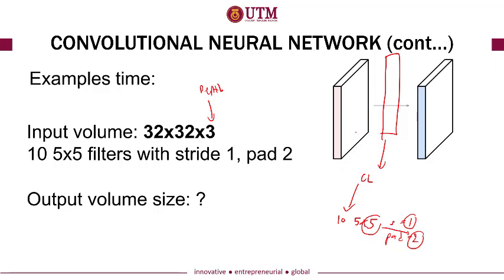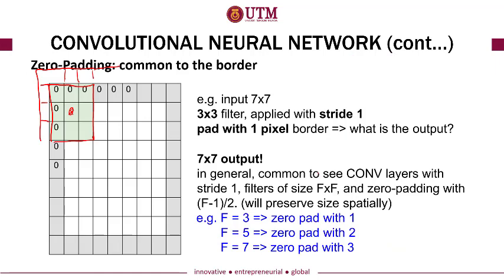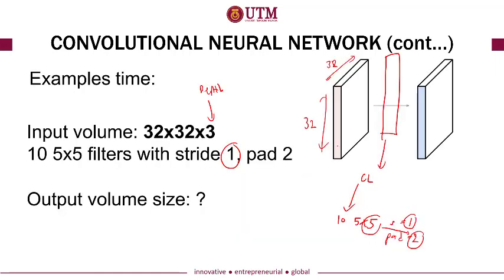Meaning that if the input here is 32 times 32, and you don't jump more than 1, at the same time you increase the padding by 2 pixels border.